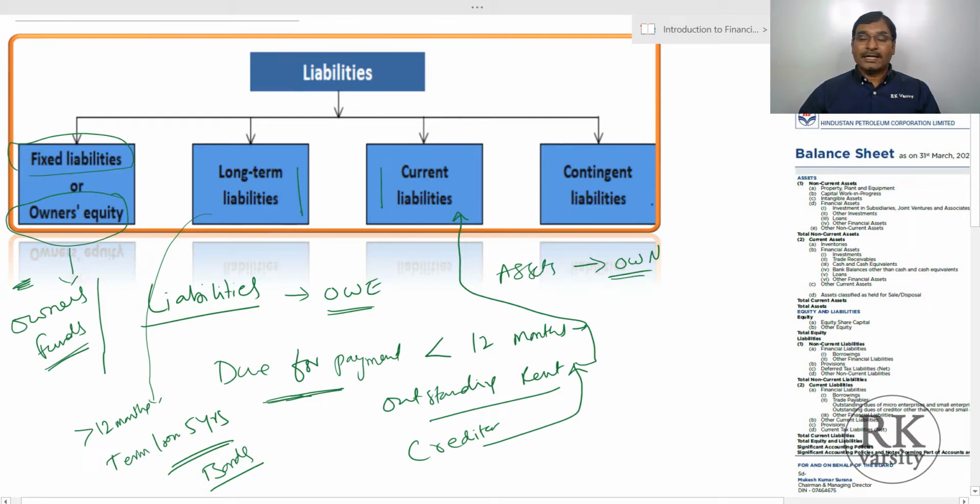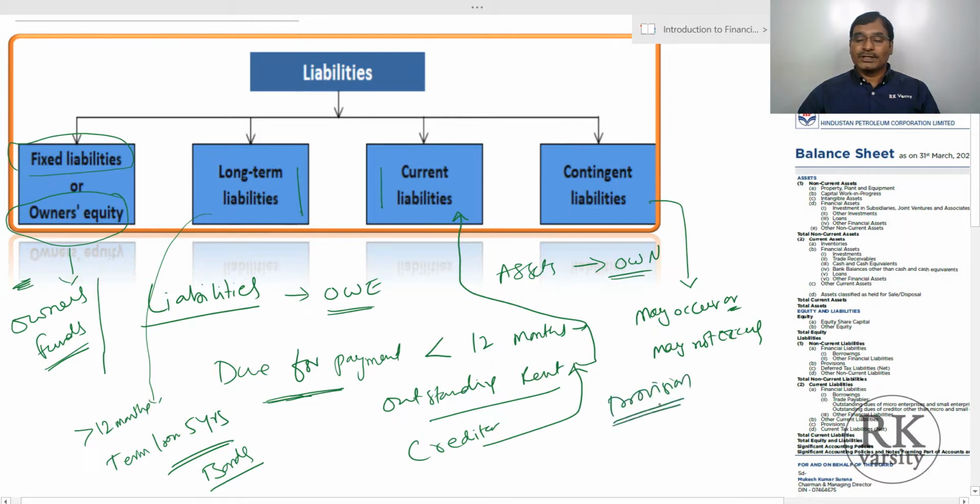On the other hand, we have contingent liabilities, which may or may not occur. Here what we are doing is creating a provision, foreseeing that some unforeseen things may happen in future because of which we may have to pay this amount.